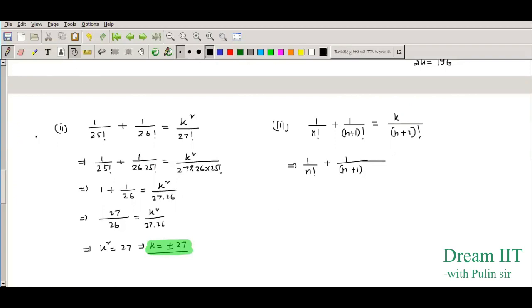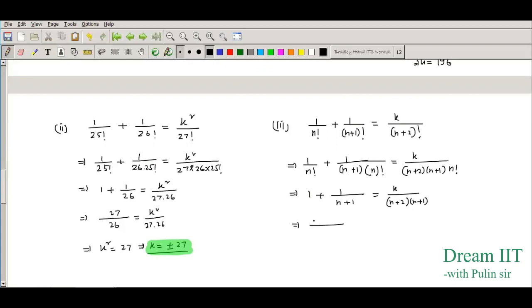It will be n factorial, and then n plus 2, n plus 1, and then n factorial. Again, like the previous cases, 1 by n factorial is common, so that will be cancelled out, and we will be left with this particular part.